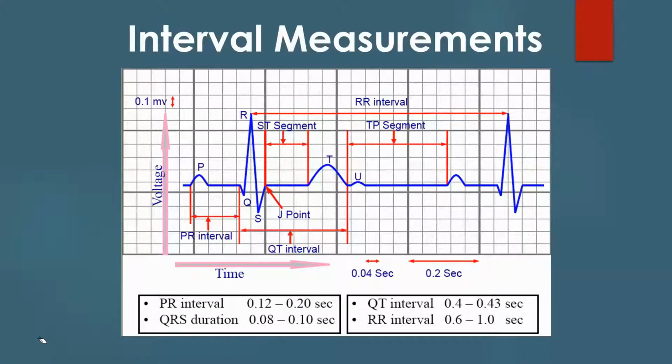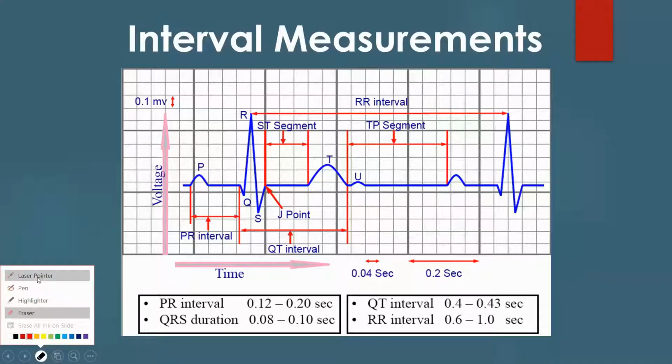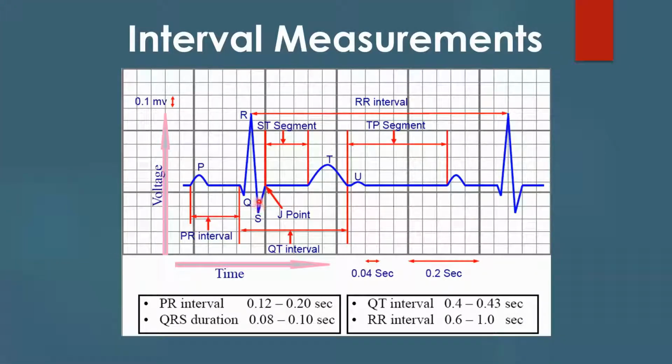Sometimes it's a nice sharp point like it's showing here. Other times it can be a bit more rounded, so it might come in and round off here. The J point is when it starts to make the turn from the upslope. The J point is that first change in deflection. That's what we're measuring from.